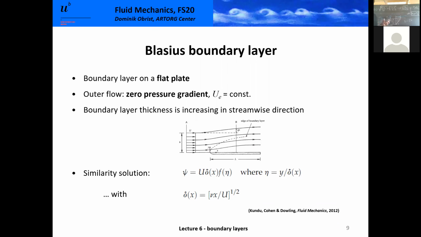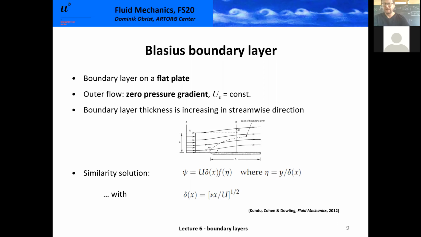Okay, so Blasius introduced this description of the thickness. He introduced a normalized wall normal coordinate to get some kind of a self-similar solution. And he made this ansatz here that psi, the stream function psi, is equal to u times the thickness delta times the shape function f of eta.